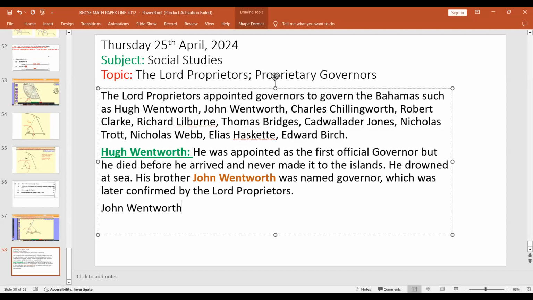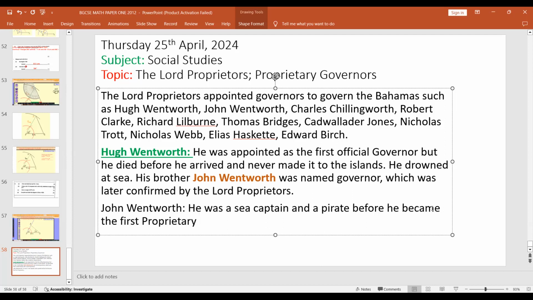Now, John Wentworth was a sea captain and a pirate before he became the first proprietary governor.